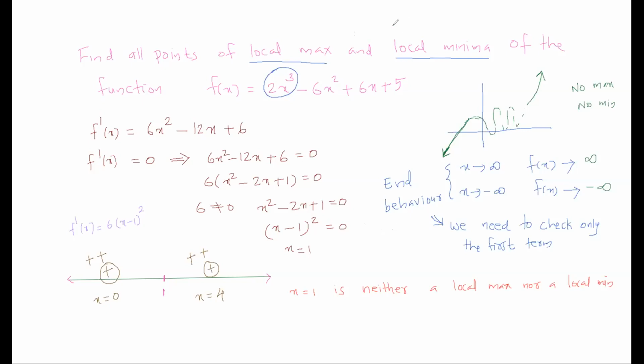So these types of points, x is equal to 1 being such a point, are known as a point of inflection.